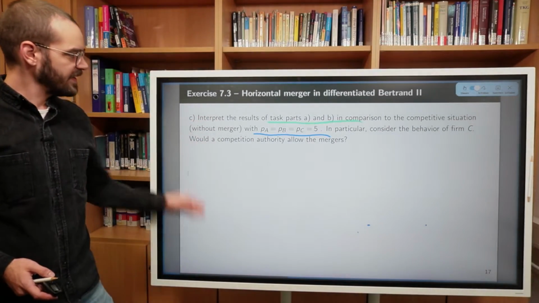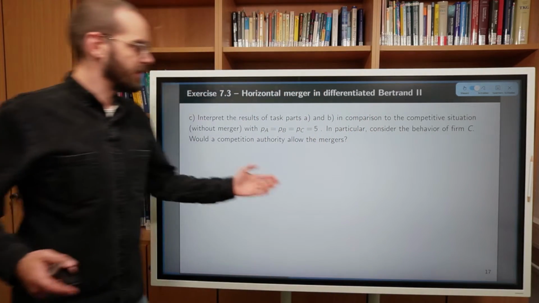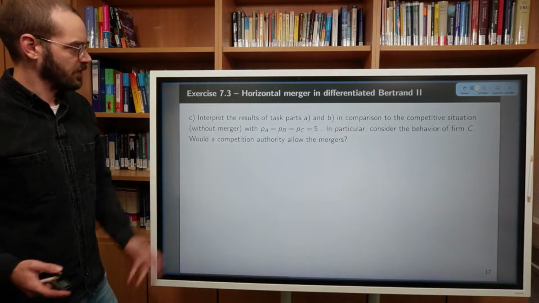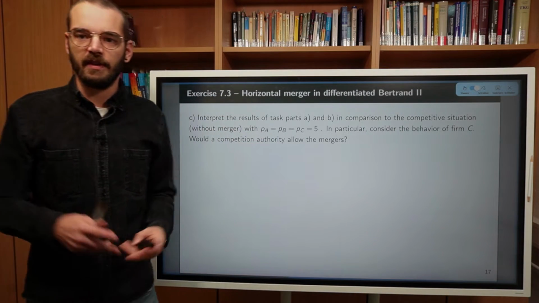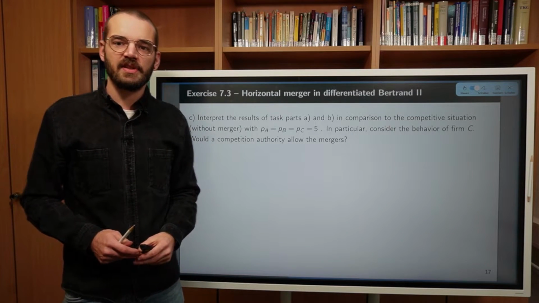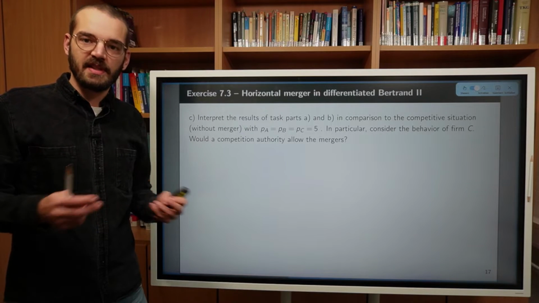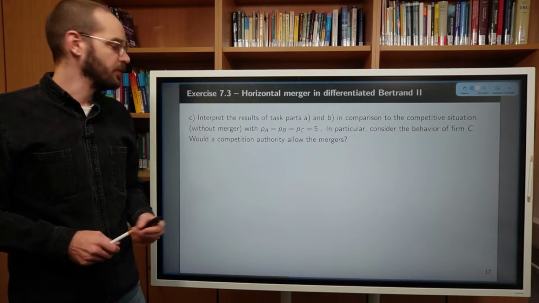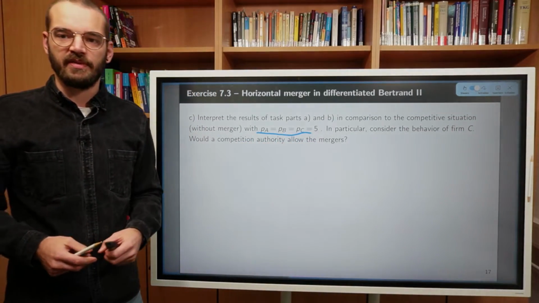Now in task C, we are asked to provide some interpretations and some economic intuition. So we're asked to interpret the results of task parts A and B in comparison to the competitive situation without merger, which was of course given in the exercise, and in which the prices of all firms were equal to 5.